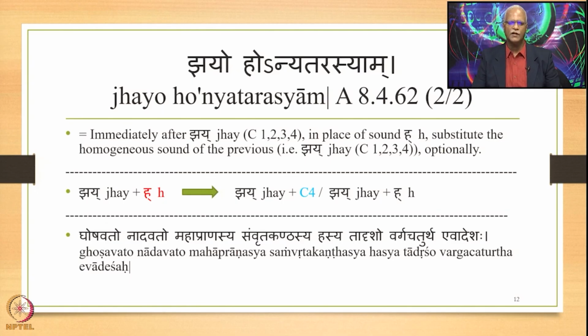So this meaning can be expressed in the form of an equation in the following way. We have jhay plus ha, where ha is the substituent, and Jhayohonyatarasyam applies and generates the output in the form of jhay plus consonant 4. This is optionally done, so jhay plus ha is another output that is generated.